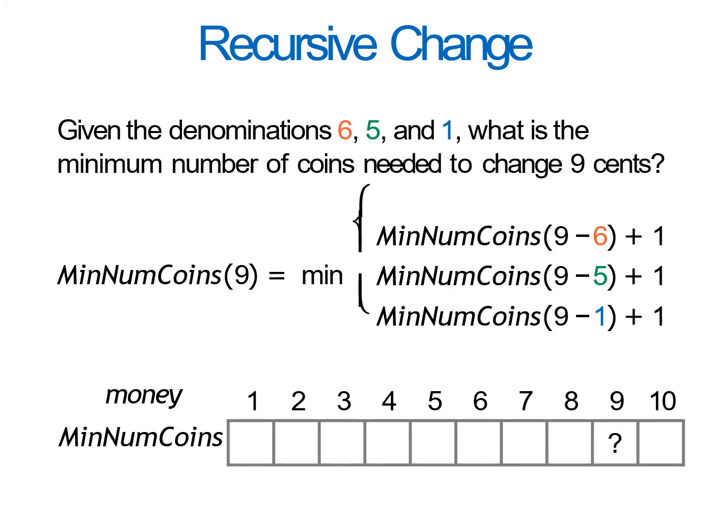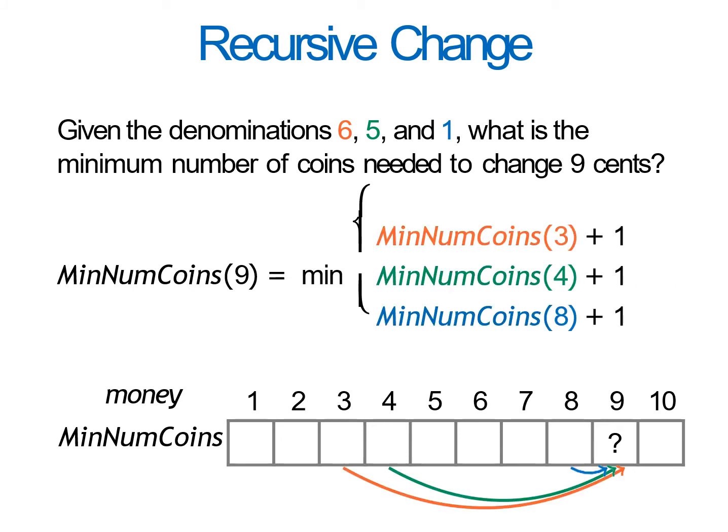Well, if we only knew the optimal ways to change 9 minus 6 cents, 9 minus 5 cents and 9 minus 1 cent, then we would know the optimal way to change 9 cents. In other words, to change 9 cents, we need to know how to change a smaller number of cents, in our case 3 cents, 4 cents and 8 cents.